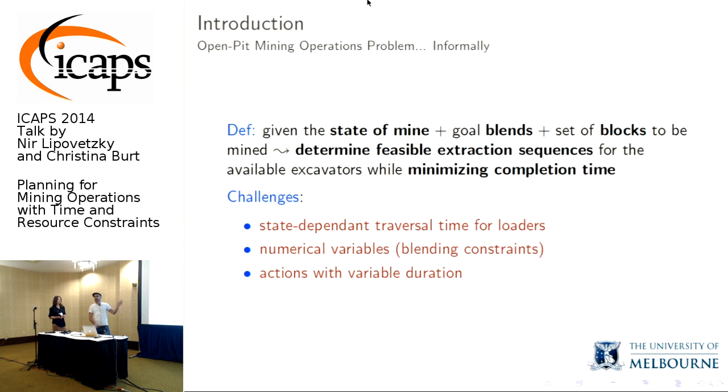Then we've got numerical variables for the blending constraints. And also we have actions with variable duration. Just to give an example, if you think about the digging action, you want to tell a loader to dig this block, but you don't know how much you want to dig, and therefore you don't know how long you're going to be digging. So you don't know beforehand the duration of the actions.